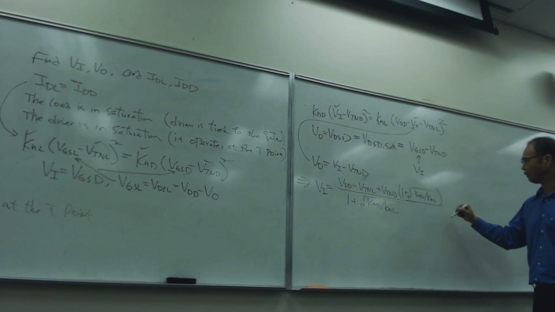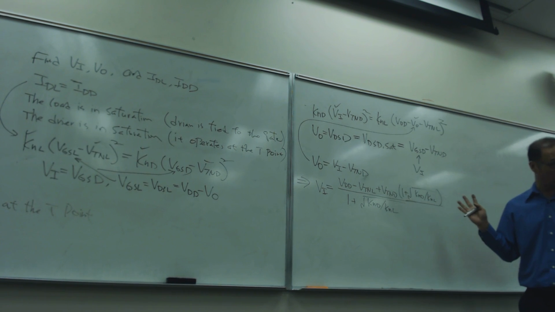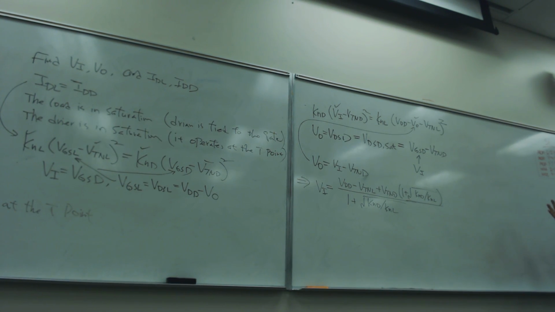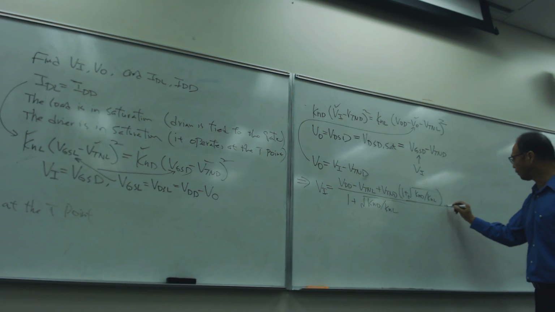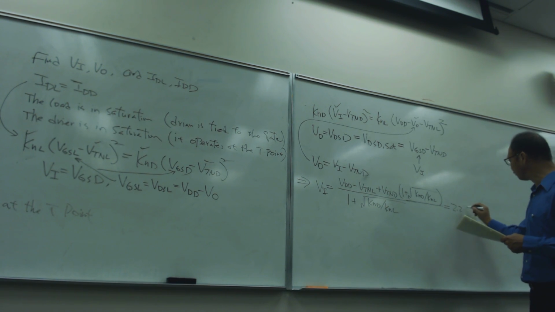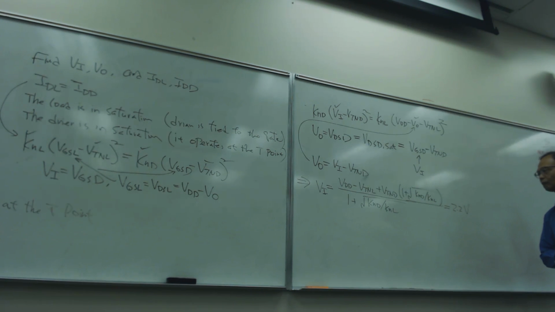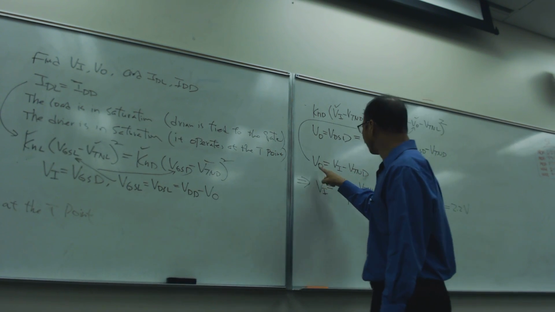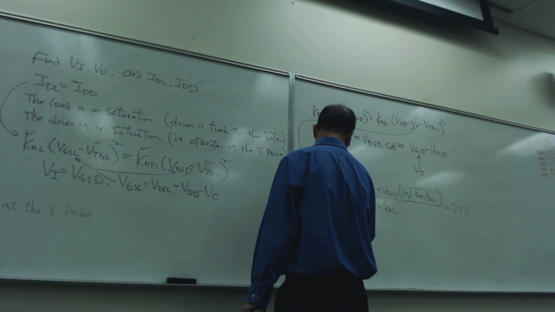And of course, everything on the right hand side is known. So I can plug in the numbers. I will find that V sub I will be equal to 2.2 volts. And then once you know V sub I, you can get V sub O easily, right?